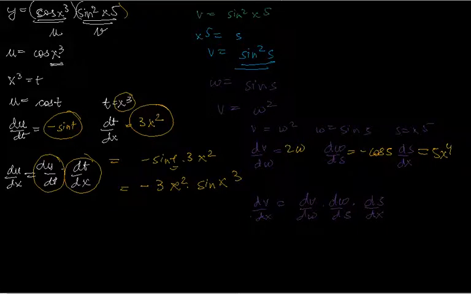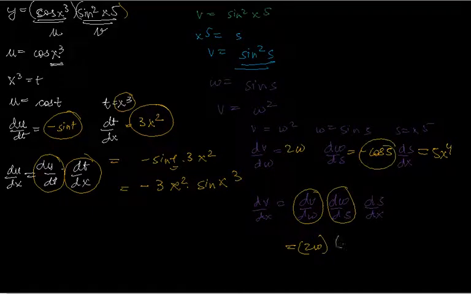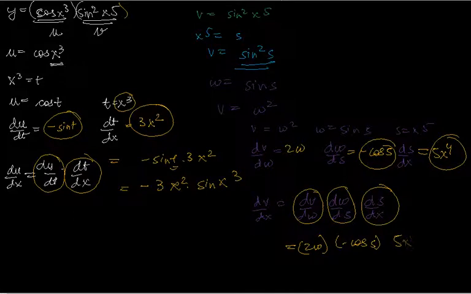Fine. So I'll just substitute it. In place of dv by dw, you will write 2w. In place of dw by ds, you will write minus cos of s. And in place of ds by dx you will write 5x to the power 4.